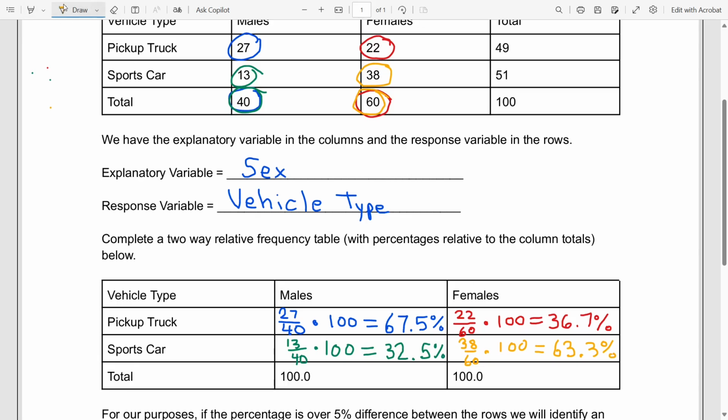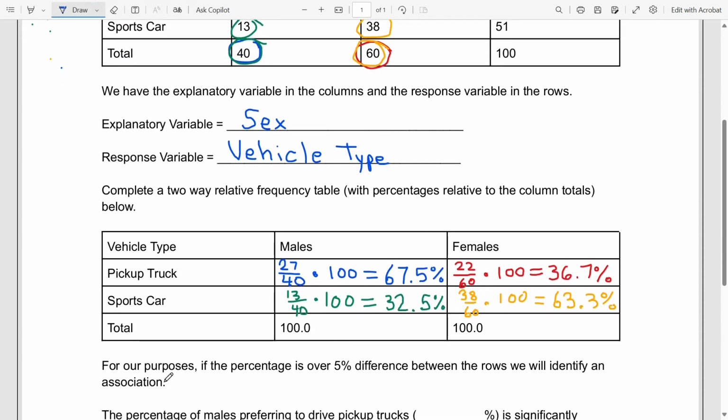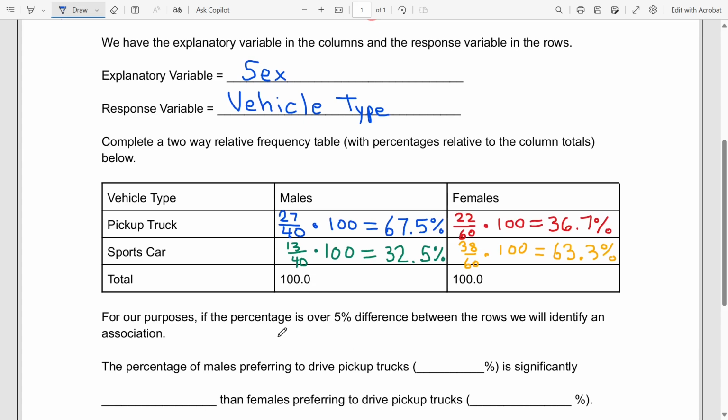All right, let's change this back to just regular blue here. And let's keep going. So looking at this for our purposes, if the percentage is over 5%, it could be different depending on the test you're taking, but we're going to say 5% is good. Over a 5% difference between the rows, we will identify an association.